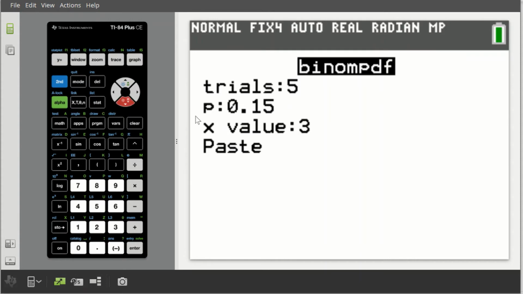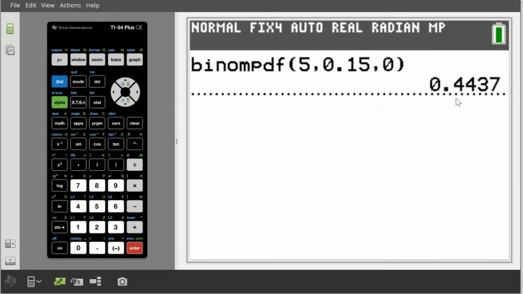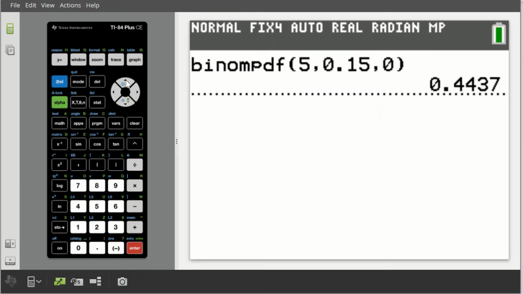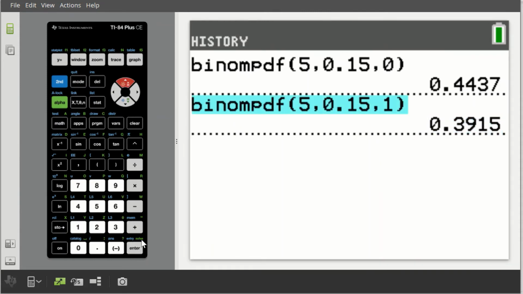And let's say x is 0. If x is 0, what is the value? When x is 0, we got 0.4437. Now if that is 1, let's see what we get. If I change that to 1, this is the probability. Now if it is 2, let's do the same thing.